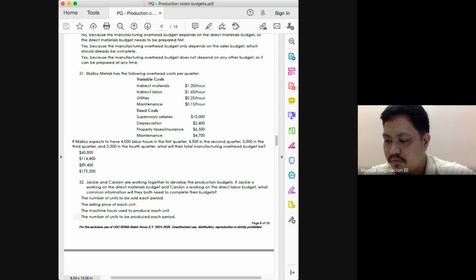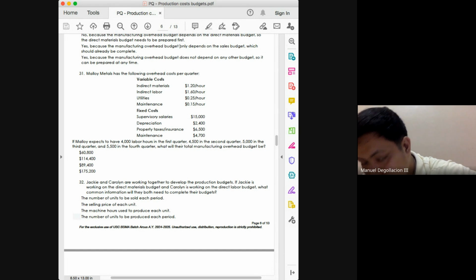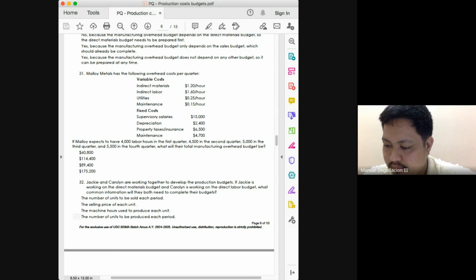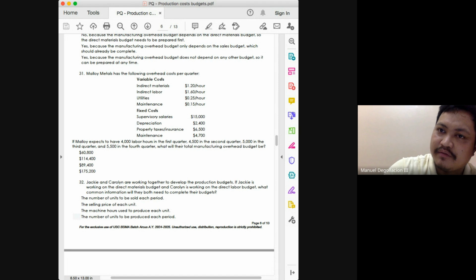So 3.2 variable overhead cost per labor hour times 19,000 hours, our total variable overhead cost for the whole year will be 60,800. But that's not the answer because we'll have to add the annual fixed cost of 114,400. So this will give us our answer of 175,200.